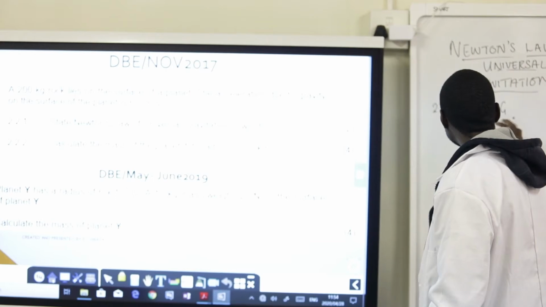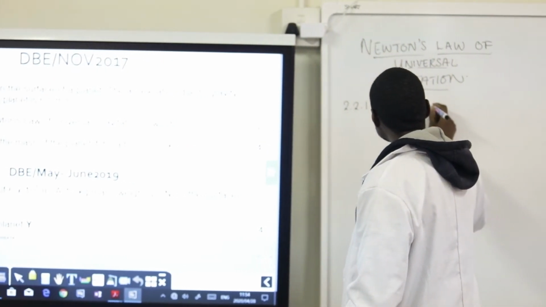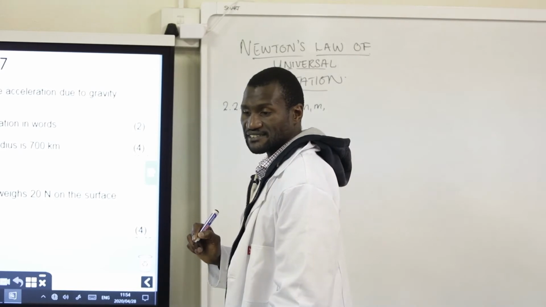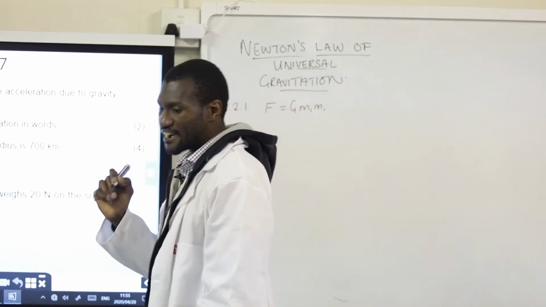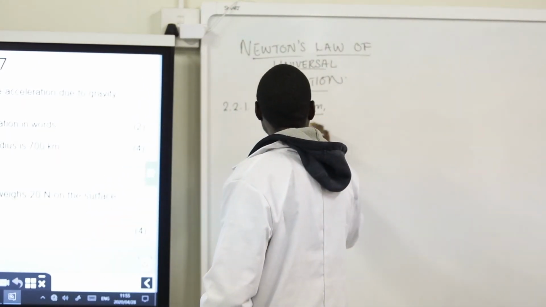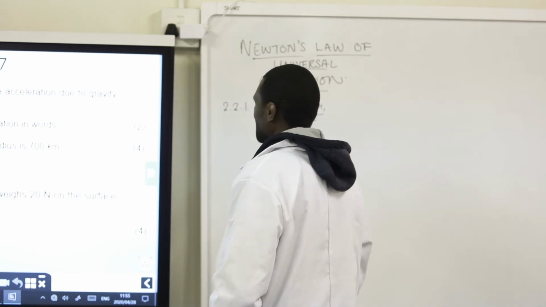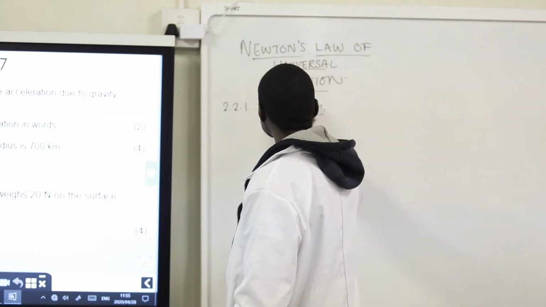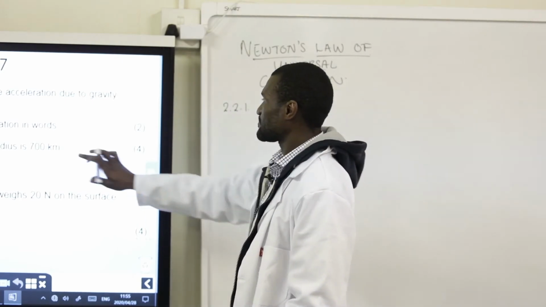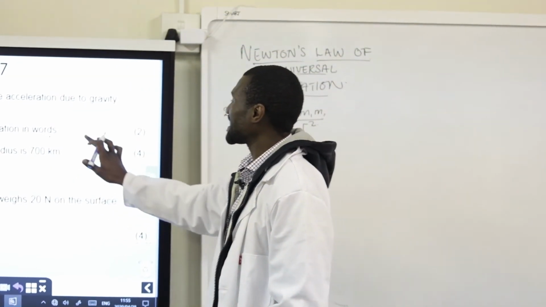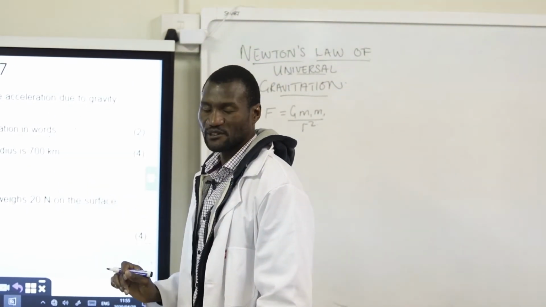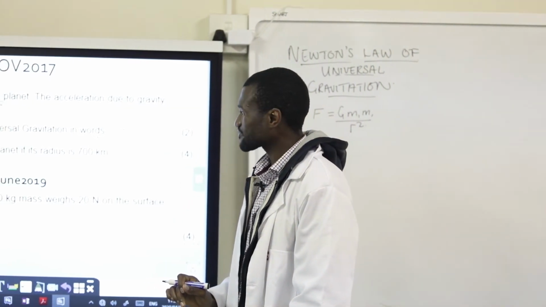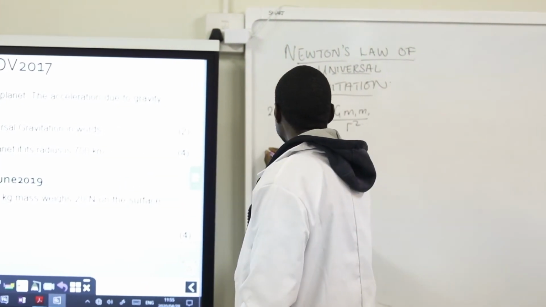And this force is directly proportional to the product of the masses and inversely proportional to the square of the distance between their centers. So this formula, you should write it in words, and that is stating Newton's law of universal gravitation. Let us move on to 2.2.